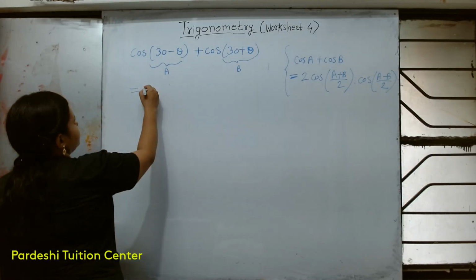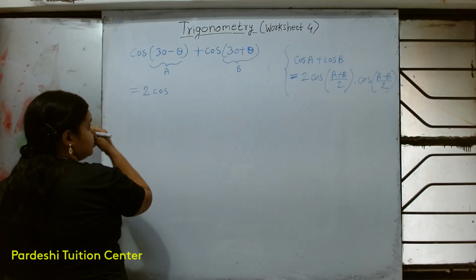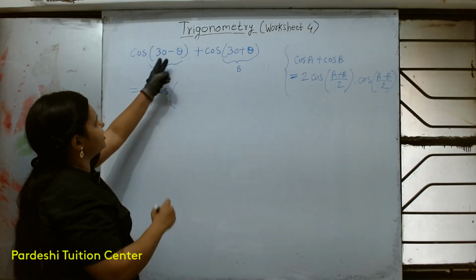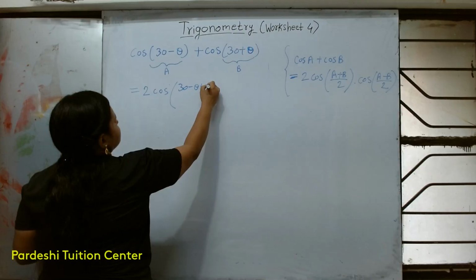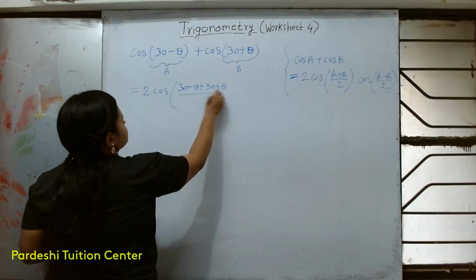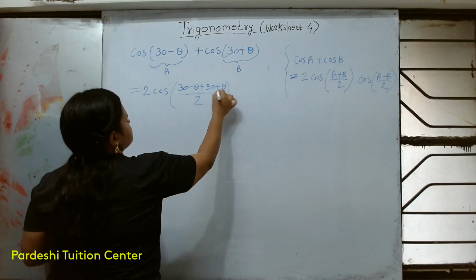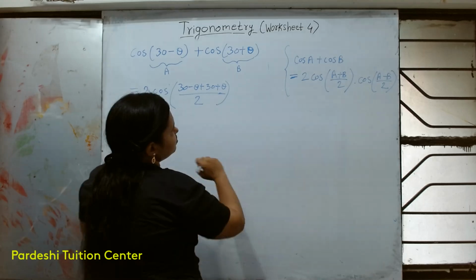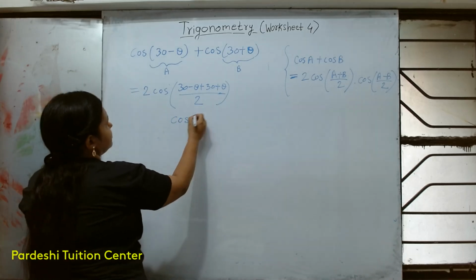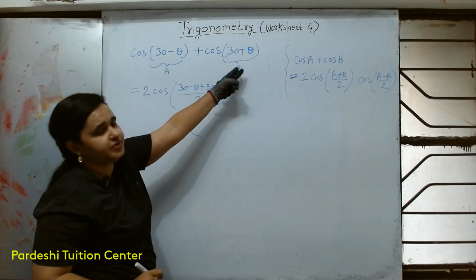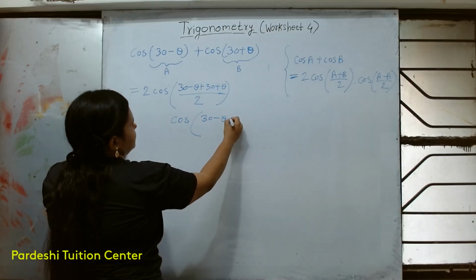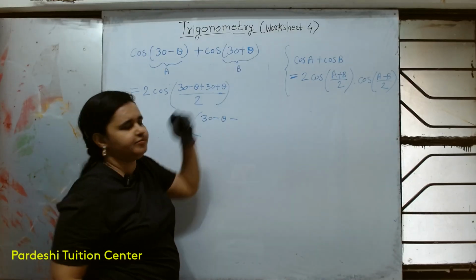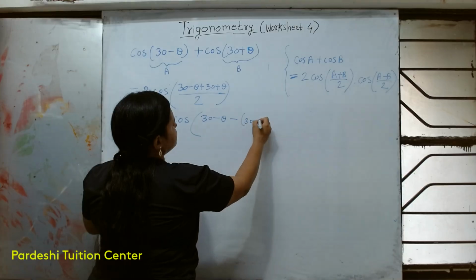So it will be equal to 2 cos of A plus B, that is 30 minus theta plus 30 plus theta, into cos of A minus B, means 30 minus theta minus of, now it will be in bracket, 30 plus theta.